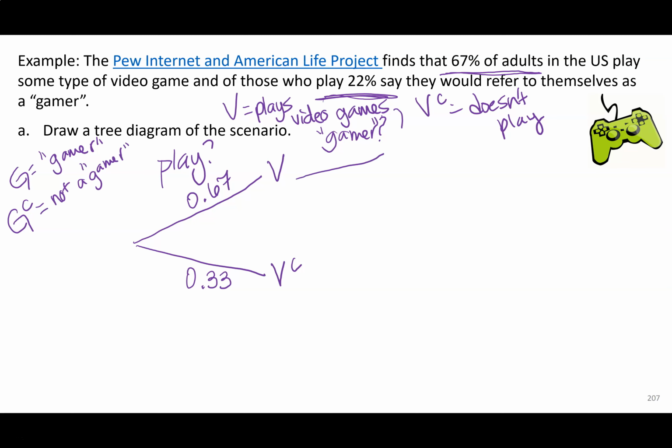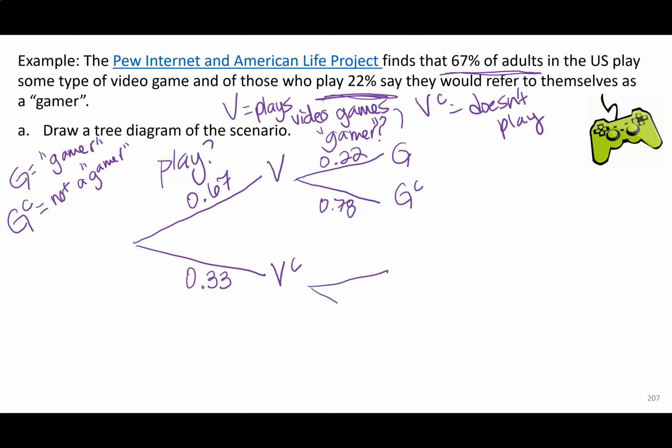So from here, a person who plays video games could call themselves a gamer, and that happens 0.22 or 22% of the time, which means that of people that play video games, we still have 78%, or 0.78, say they aren't a gamer.